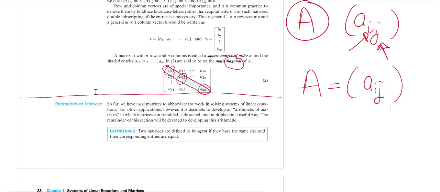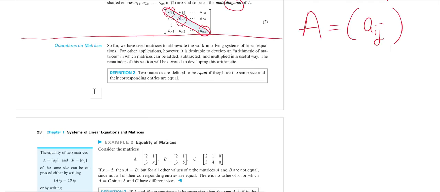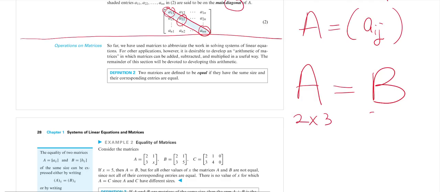Now, moving on. Before we talk about matrix addition, subtraction, all that, we want to talk about under what circumstances we can say two matrices are the same. The first criterion is obvious: the two matrices must have the same size. For example, if this is a 2 by 3 matrix and this is a 3 by 5 matrix, then they are definitely not the same.